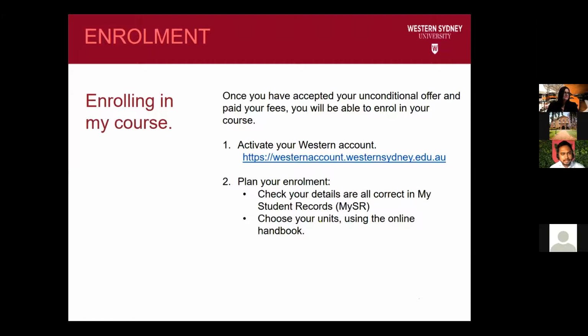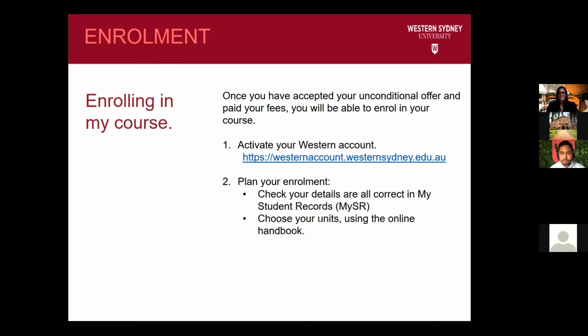There would be a link there that would direct you to a website called My Student Records. Now, in My Student Records is where you provide further details to secure your enrollment. In My Student Records, you'd find the enrollment stage is divided into 4 steps.